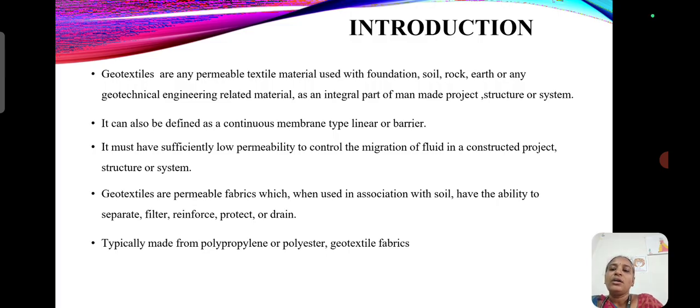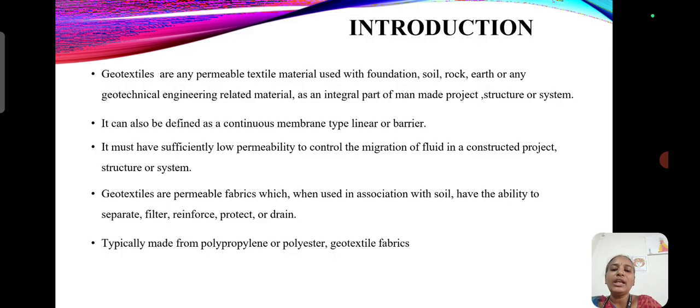And when we talk about the different functions of geotextiles, they help in separation, filtration, reinforcement, protection, or drainage. Most probably we use fibers like polypropylene or polyester for geotextiles, because all these fibers are man-made fibers.